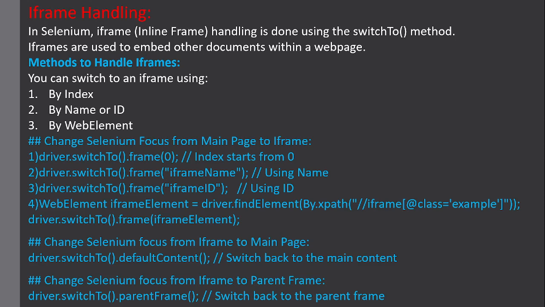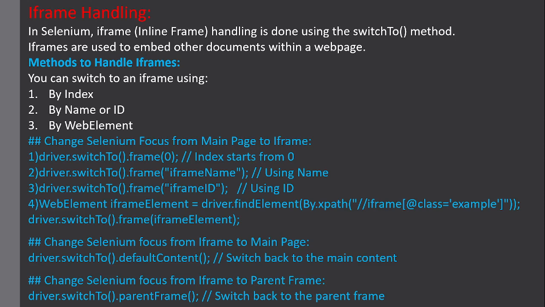Third, driver.switchTo().frame, here we are passing the iframe id as a parameter, and by using this we can switch to the iframe. Fourth, WebElement iframeElement is equal to driver.findElement(By.xpath(...)). Here we are providing the XPath. Then driver.switchTo().frame(iframeElement). So by using the web element we can switch to the specific iframe.